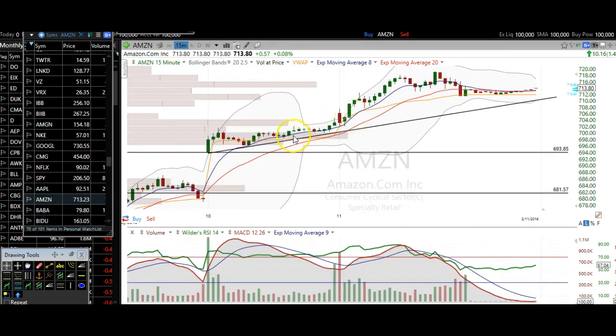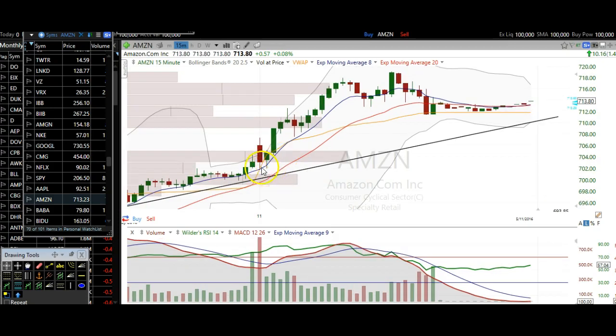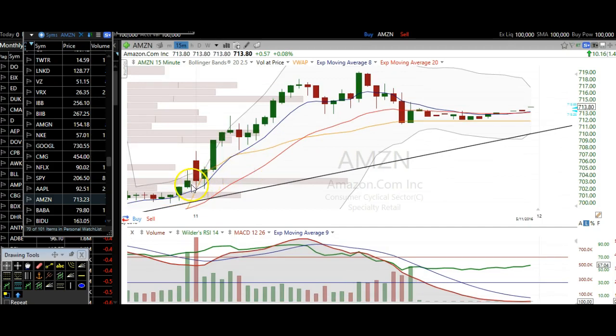So this is the 15-minute chart. So this is yesterday's action, yesterday's open, and yesterday's close is right here. This is yesterday's close, this candle right here, okay? So what we had here is we had a gap up, which is bullish, and then the 15-minute candle closed right at yesterday's close.